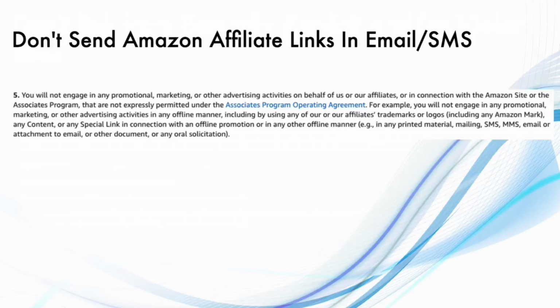That is not allowed by Amazon. This is again to protect themselves as a brand. Make sure in your email campaigns you don't use this. The screenshot which you're seeing is from the Amazon affiliate program policies page. I will link to all Amazon related documents which you should read before becoming an Amazon associate in the text section below. Do have a look at it.